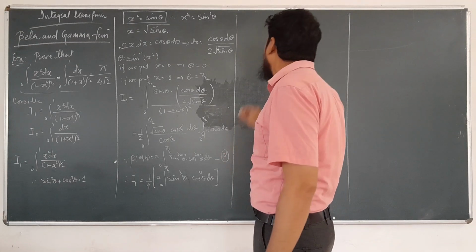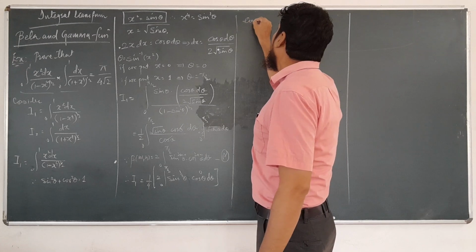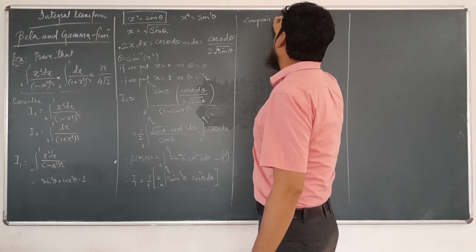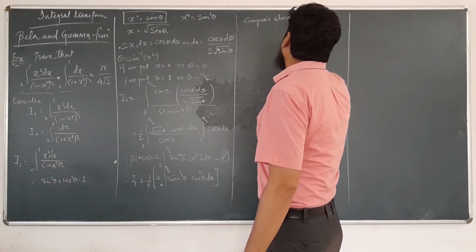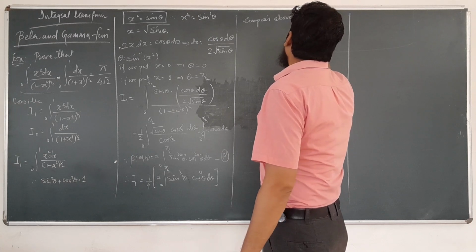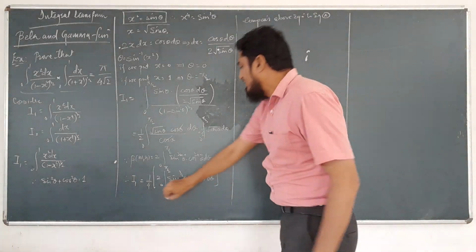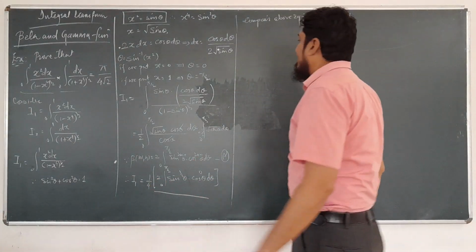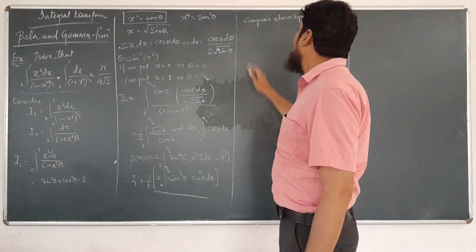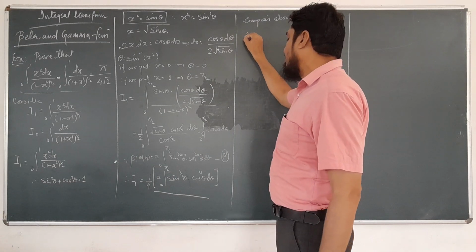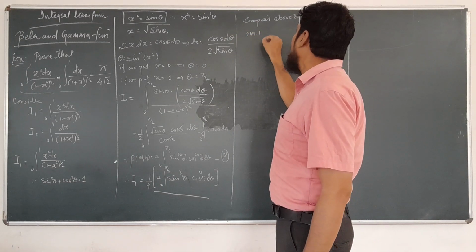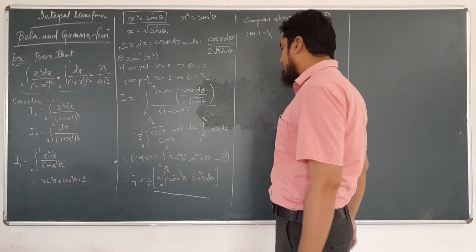Compare the above equation to equation A, this part of it. So we will get 2m minus 1 is equal to half, correct?